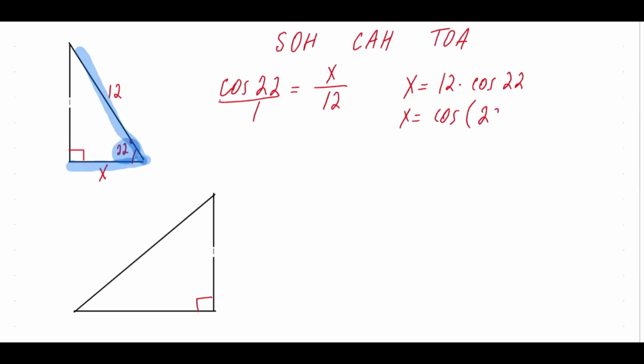If you don't close it and you continue multiplying by 12, it will multiply inside the cosine first and then take the cosine. So you have to close the parentheses. You should get about 11.1. Let's try one more. Let's say I'm going to use 35 degrees here.